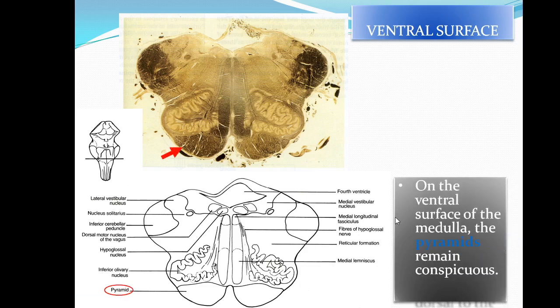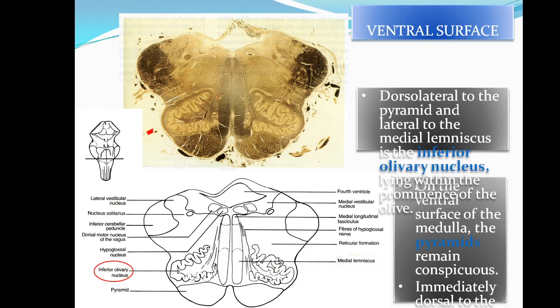On the ventral surface of the medulla, the pyramids remain conspicuous here. Immediately dorsolateral to the pyramids and lateral to the medial lemniscus is the inferior olivary nucleus, lying within the prominence of the olive.